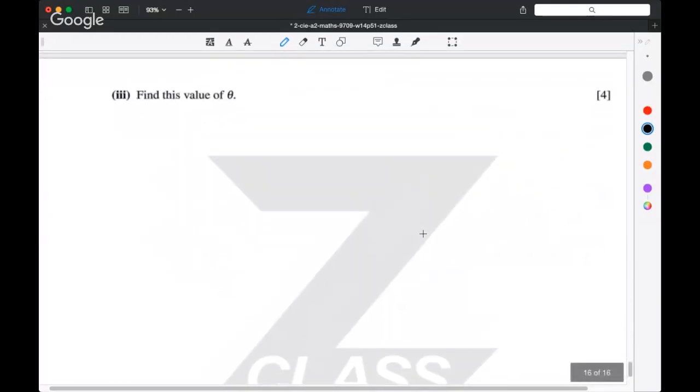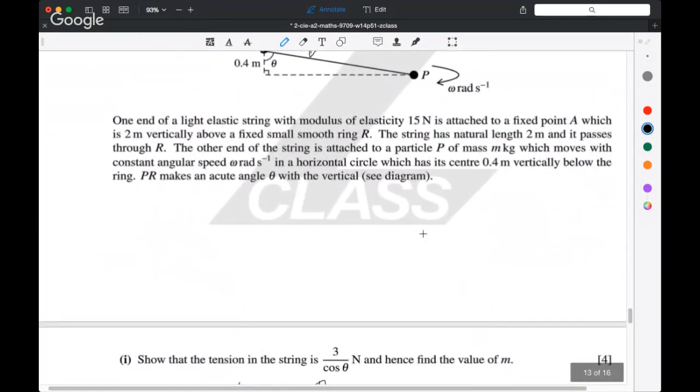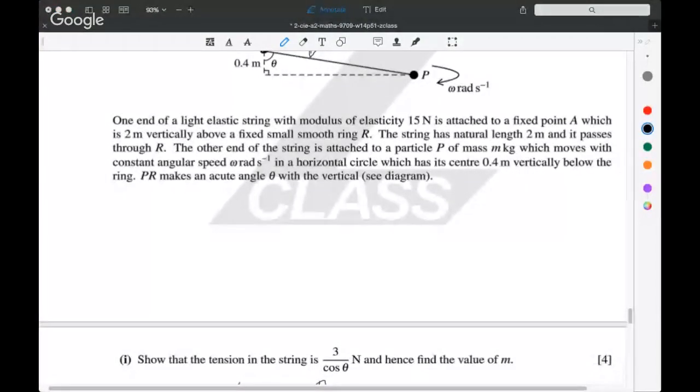Okay, so now they want us to find the value of theta. I think I've actually missed a bit out. In the actual question paper, it says that for one value of theta, the elastic potential energy stored in the string is twice the kinetic energy of P. So they've given you a hint of how to solve this.